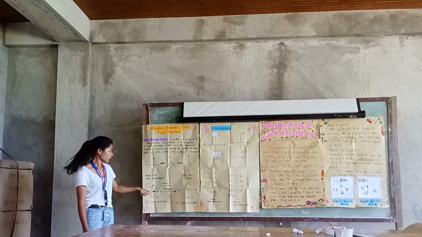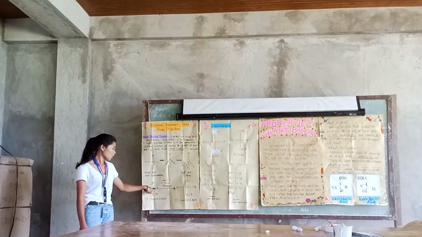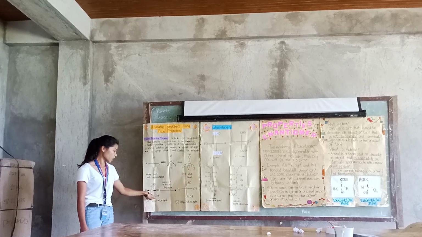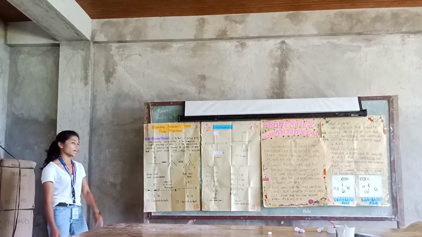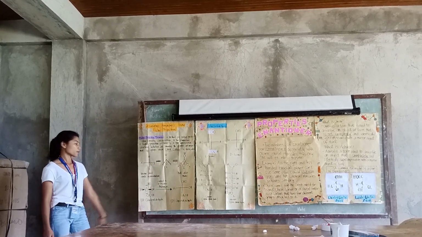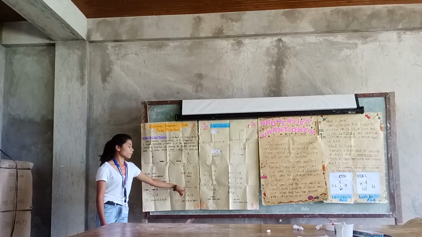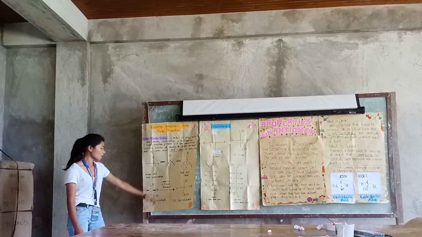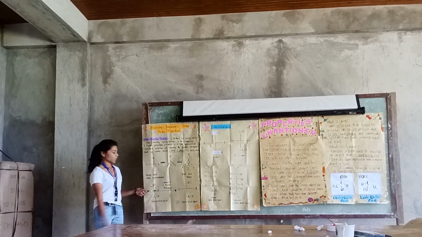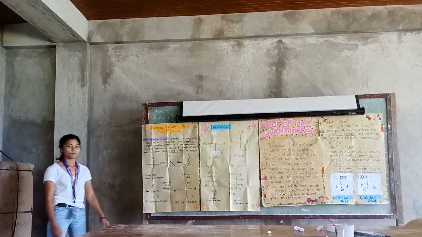So atong makita diri sa tunga ang carbon, the chiral center, and then OH, and then CH2OH group of aldehyde. Now, if we are going to convert from wedge and dash representation into Fischer projection, what will happen?